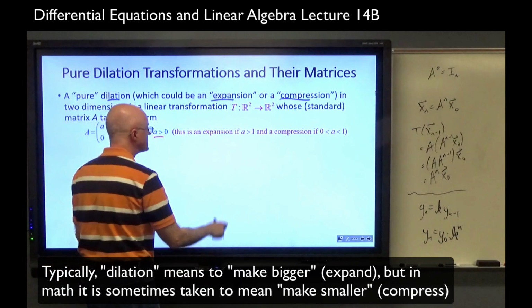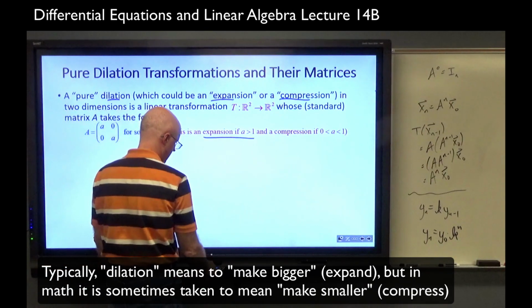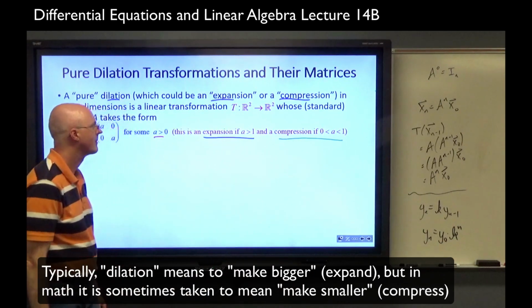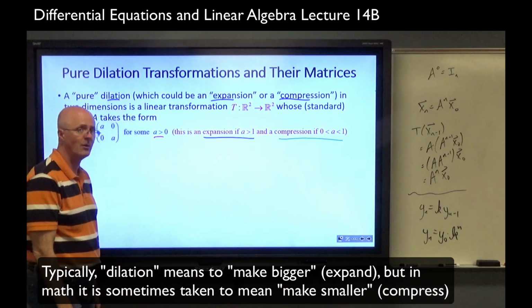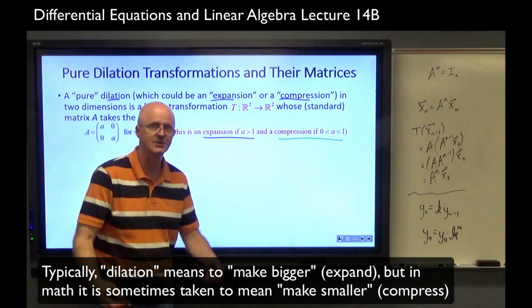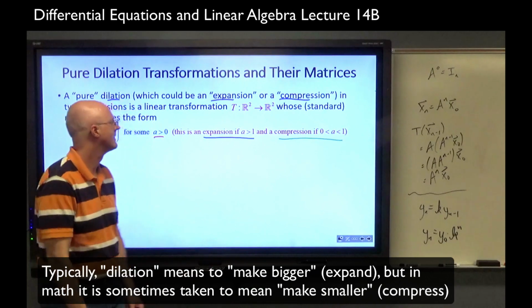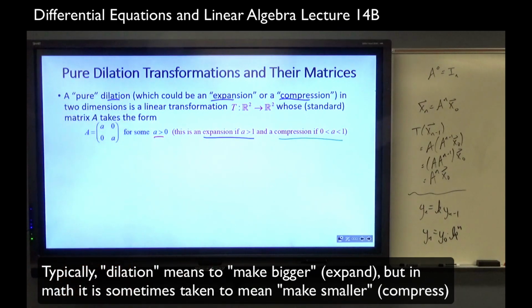It's an expansion if A is bigger than 1, and a compression if A is between 0 and 1. If A equals 1, then it's really the identity matrix, which doesn't do anything to points. It just leaves them where they are. Neither an expansion nor compression in that case when A is 1.